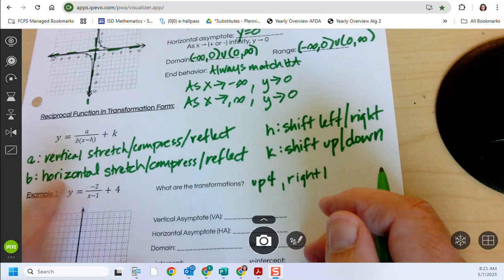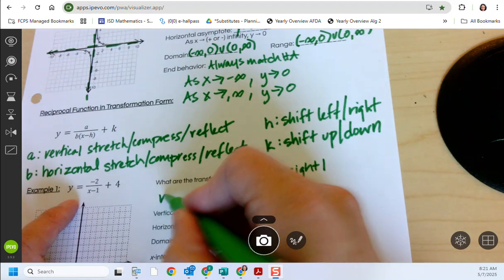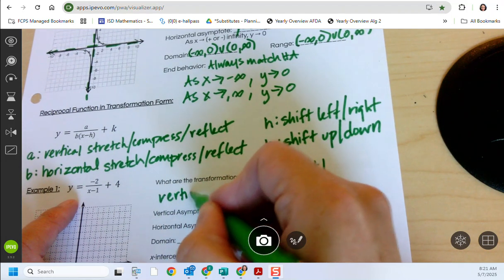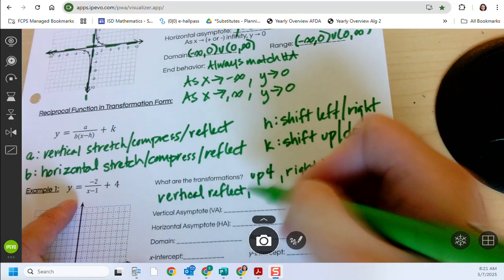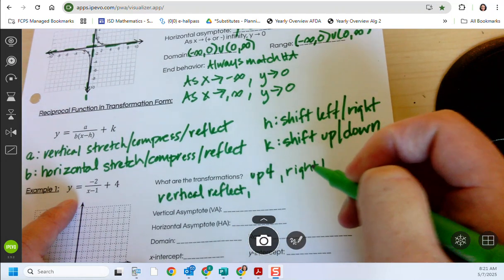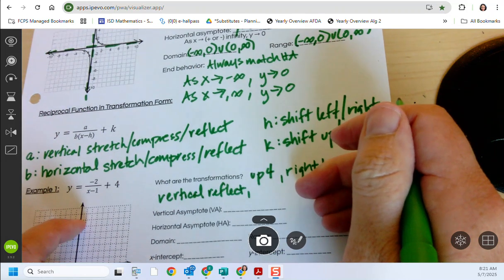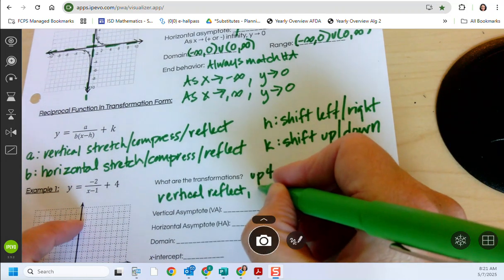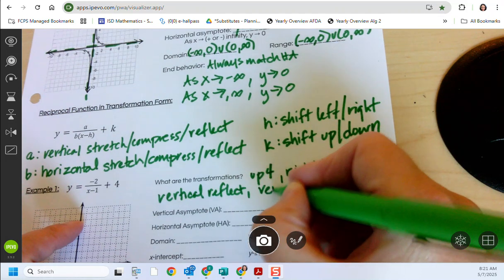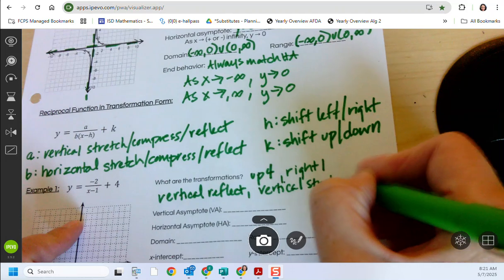What does the negative do? The negative is going to reflect you. So vertical reflect. And then the 2 does what? Stretch or compress? It's going to stretch you. So vertical stretch of 2.